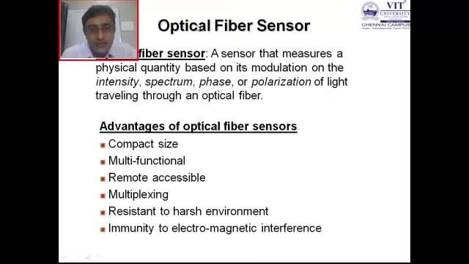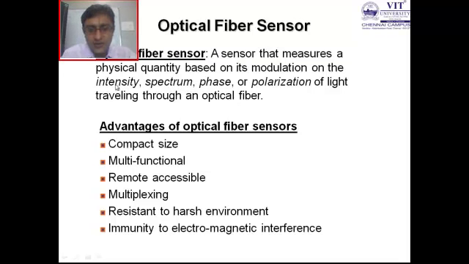The optical fiber sensor. Now when we talk about an optical fiber sensor, let us talk about its definition. A sensor is something that can convert anything into an electrical signal, that measures a physical quantity based on modulation of intensity, spectrum, phase, polarization and traveling through an optical fiber.